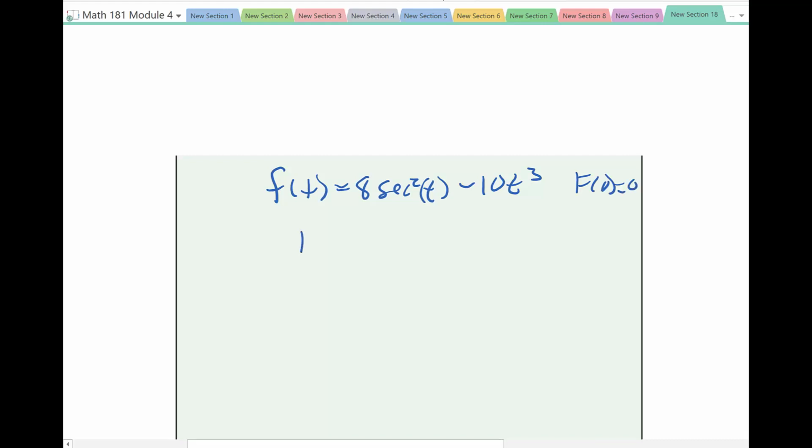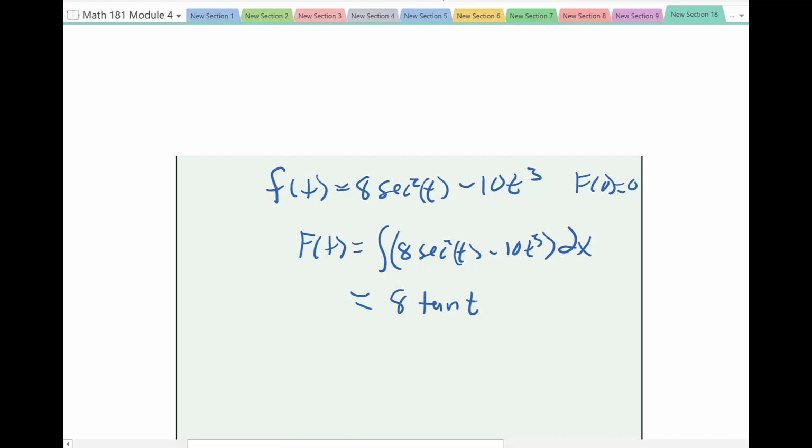So our capital F of t is the integral of 8 secant squared t minus 10t cubed, that quantity, dt. So the antiderivative of a secant squared is a tangent. So this becomes 8 tangent t minus 10, this is t to the 4th. We add one to the power, divided by the new power, plus some c.